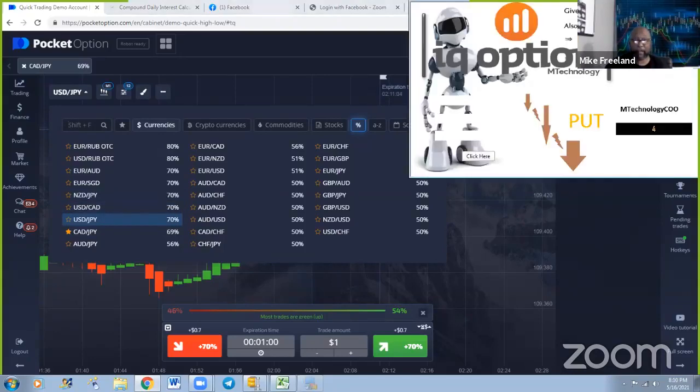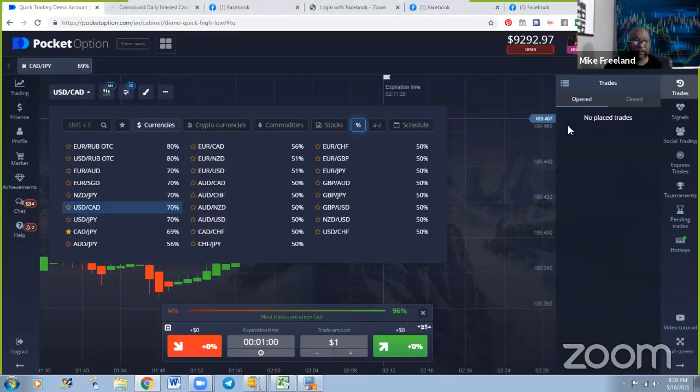Let me see something here. Did I look at this one already? NZD, oh, that's NZD JPY. I don't want to go below where we are, because this is only 50%, so I'm not going to do that one. Let's go right here, USD CAD.